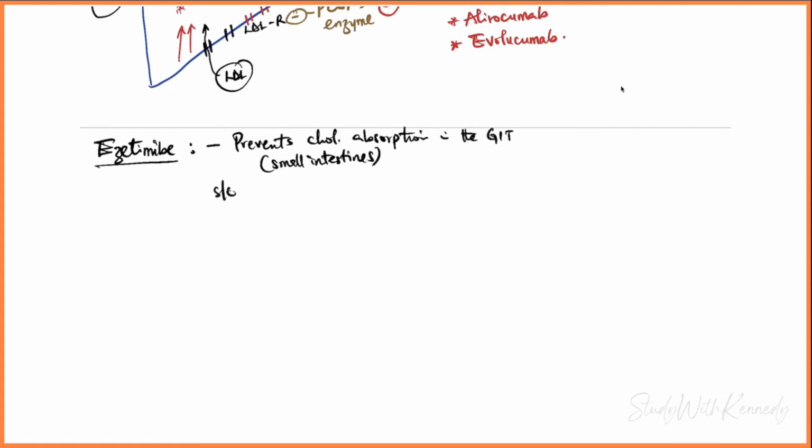And then we have to know the side effects of ezetimibe. Causes what? Hepatotoxicity, slightly mild, yes. And what's the second one? Causes diarrhea. You want to remember those.